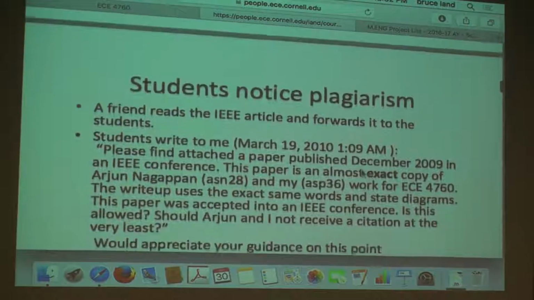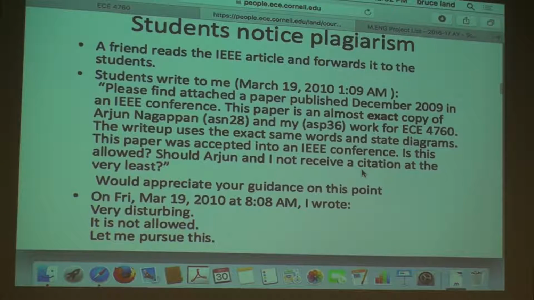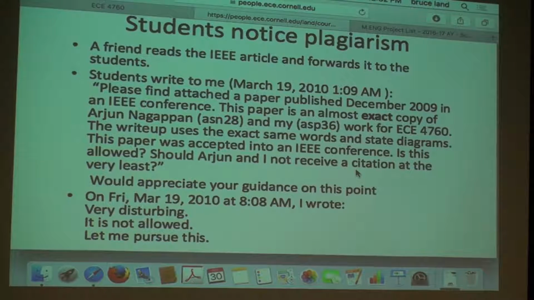And so early in 2009, a friend of these students reads the IEEE article, which is in a bound volume, right, and forwards it to the students. Students write to me on March 19th, please find attached paper published, blah, blah, blah. Write-up uses exactly the same words. IEEE conference. Is this allowed?